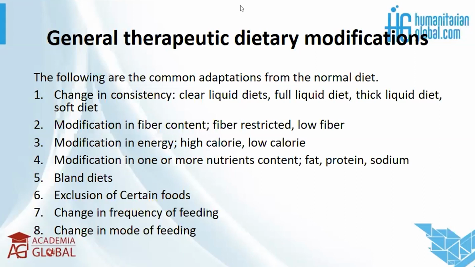Samuel Ball is asking, what does the word bland diet mean? Just to remind you, we have said a bland diet means a diet that is chemically, mechanically, and thermally non-irritating to the gastrointestinal tract. It's a diet that does not irritate the GIT. Chemical irritation means it's very acidic.